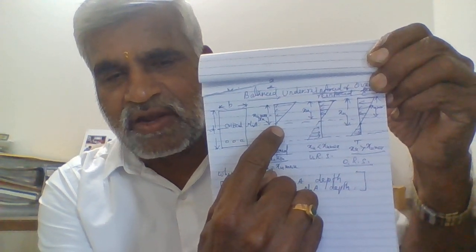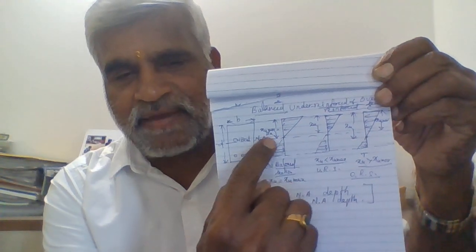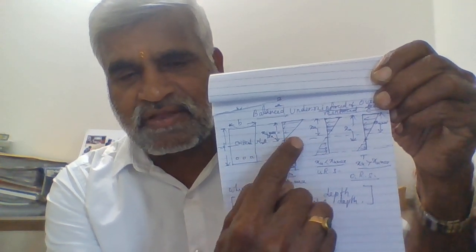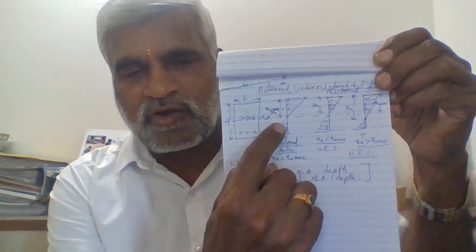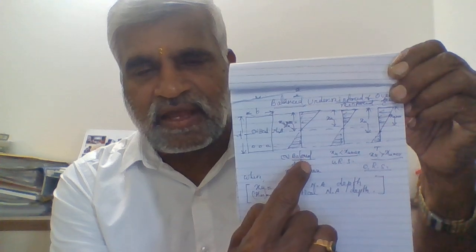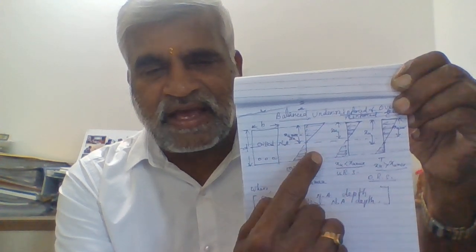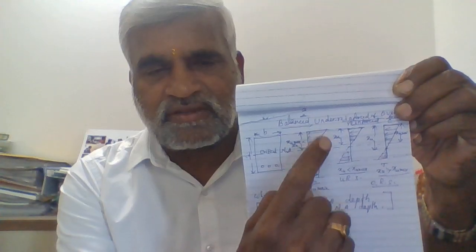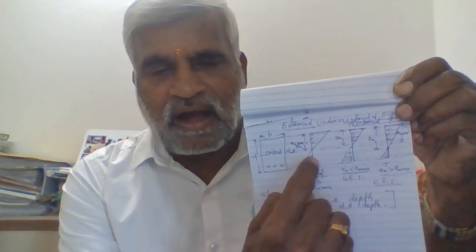Here the critical neutral axis XU max coincides with the actual neutral axis. That's why both will coincide at the same axis. So in the balanced section, the critical failure will take place simultaneously in the steel as well as in the concrete. This is the compression portion, and this is the tension portion for the steel.